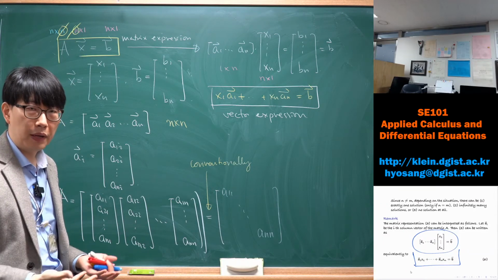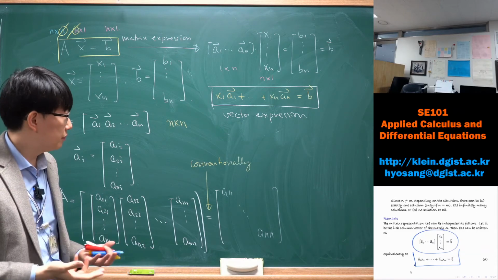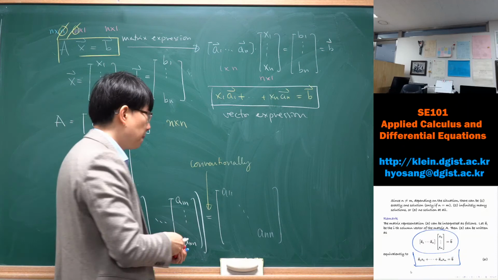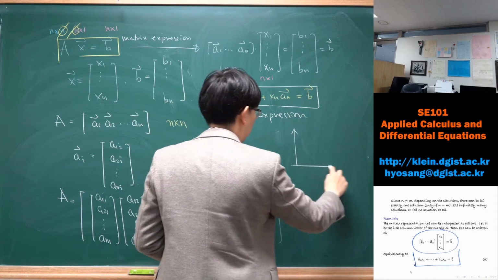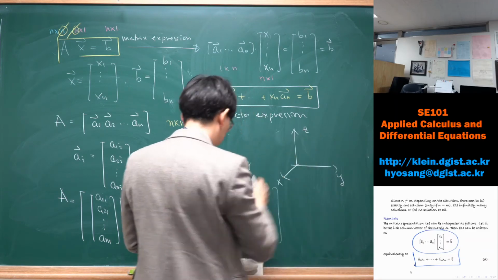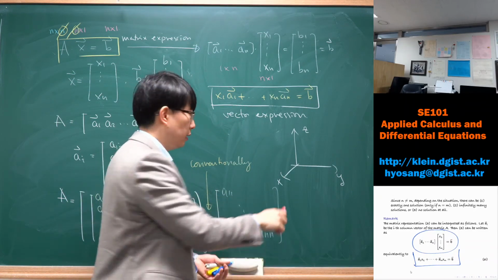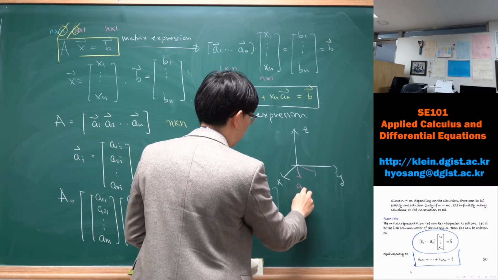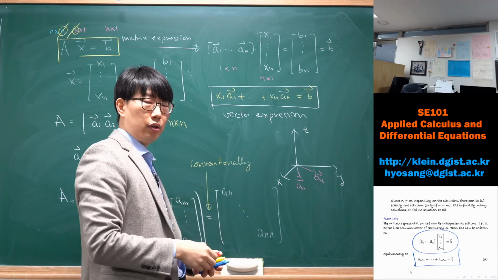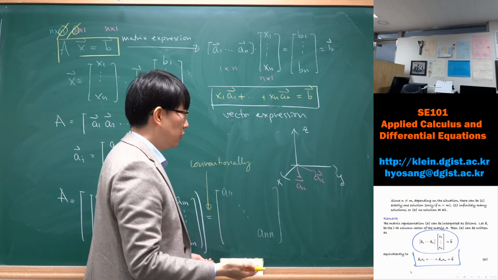So there are some vectors we cannot represent with these vectors. For example, in three-dimensional space, if this is the x, y, and z axis, suppose that you have two vectors in the xy plane. So this is a1 and a2. And suppose that you take a vector whose z coordinate is not 0.